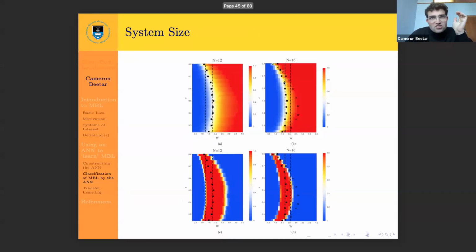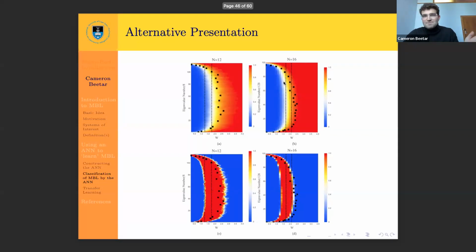But these are representations of exactly the same data, just binned in different ways. The eigenvalue number bins are slightly more reliable, because you don't have to count on any eigenenergy being in a specific bin. You are guaranteed, because you're just labeling the bins and grouping them according to 128 or 8.